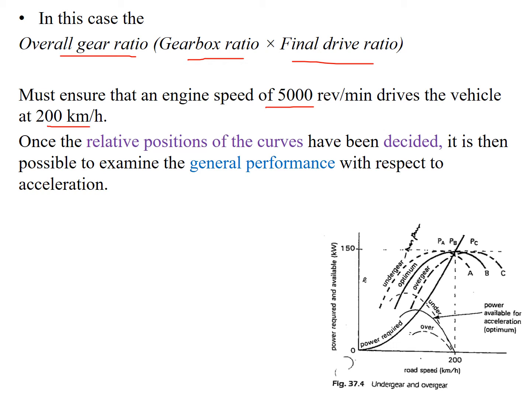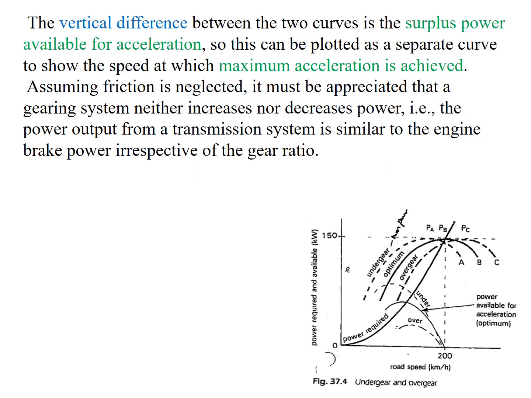Once the relative position of the curves has been decided, we decide this first, and then it is possible to examine the general performance with respect to acceleration. The vertical difference between the power available curve and the power required curve will be the power available for acceleration.